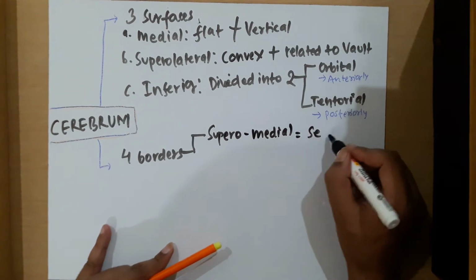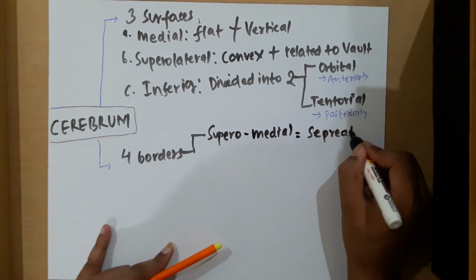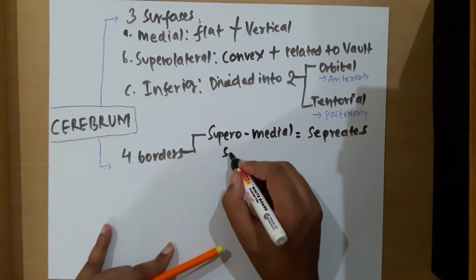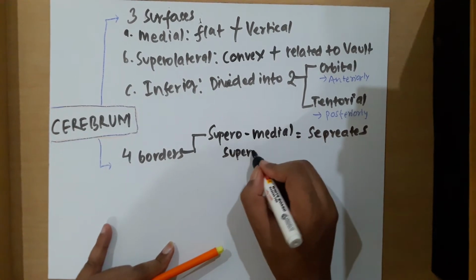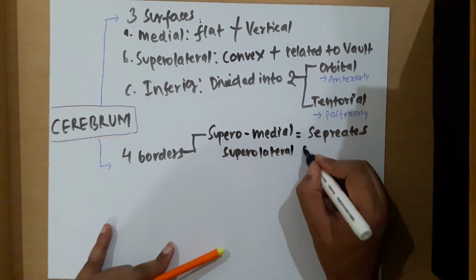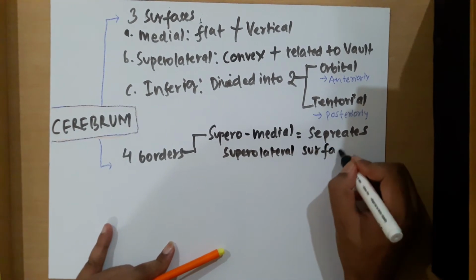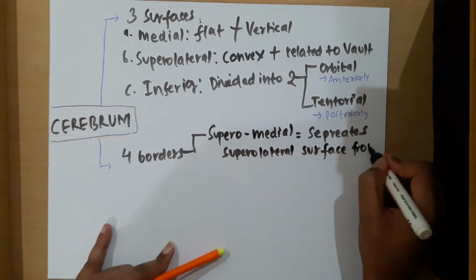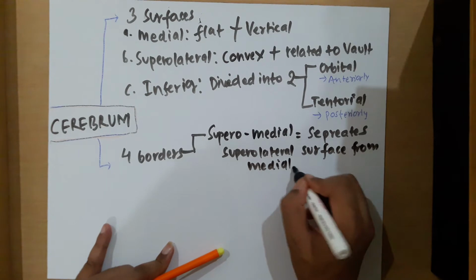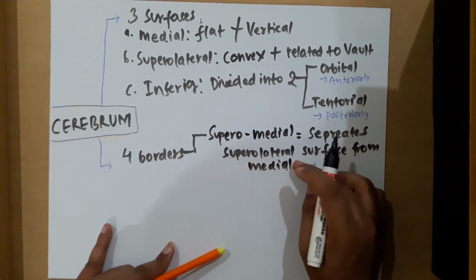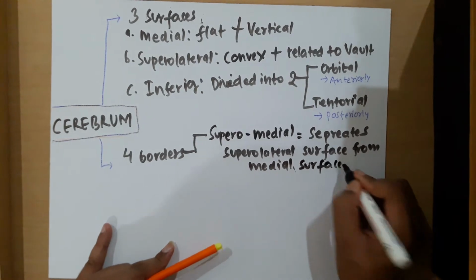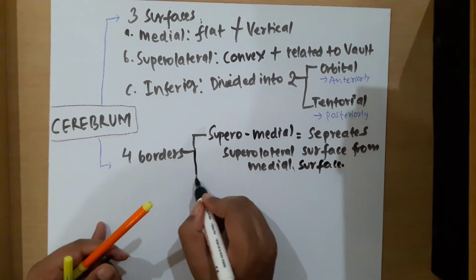This superomedial border separates the superolateral surface from the medial surface. Then we have the second border.